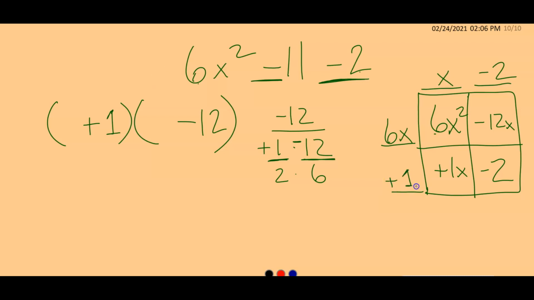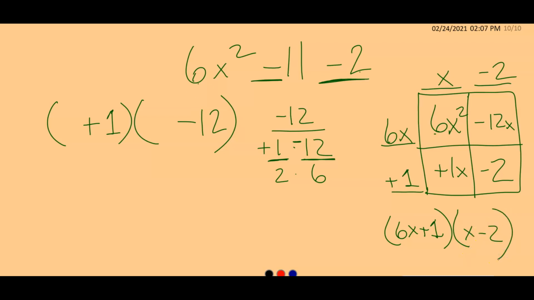I have a positive 1. And if you check yourself with all of these multiplications, they come out right. Okay? Almost done here. So you can see that my two binomials are going to be 6x plus 1 times x minus 2.